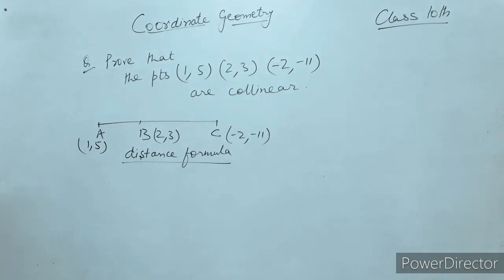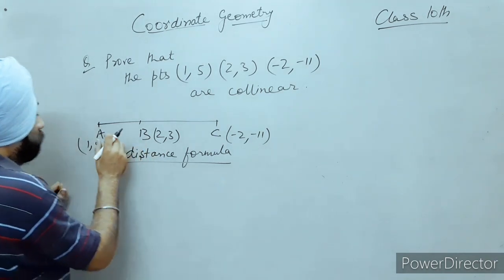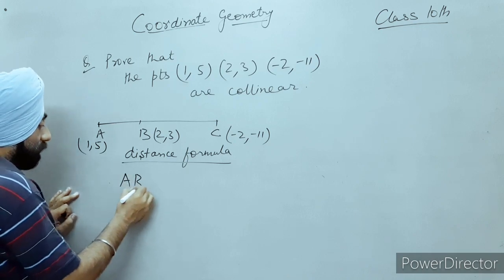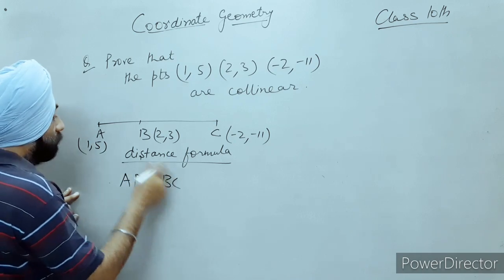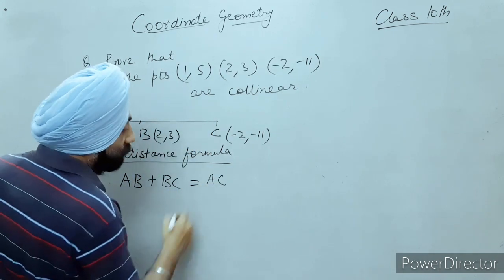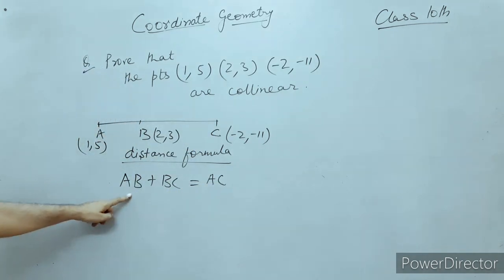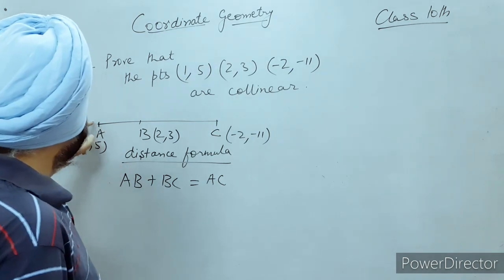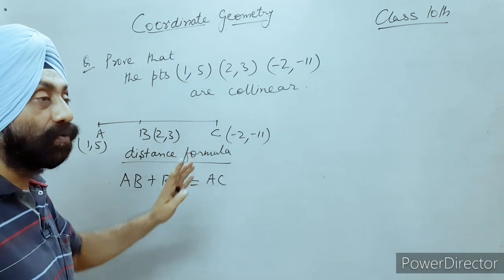I have to prove these 3 points are collinear. Now, collinear is if AB distance plus BC distance, AB plus BC should be equal to AC. If this condition is satisfied, then we can conclude that A, B, C are collinear.